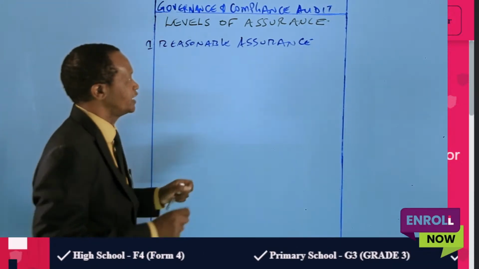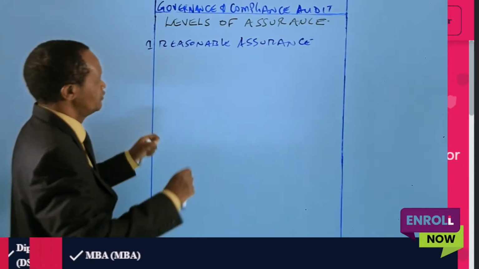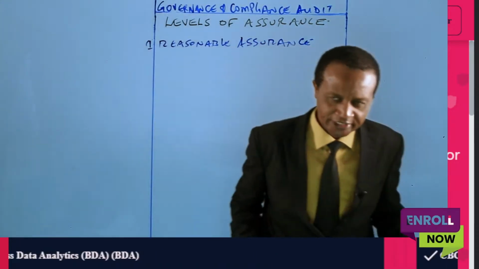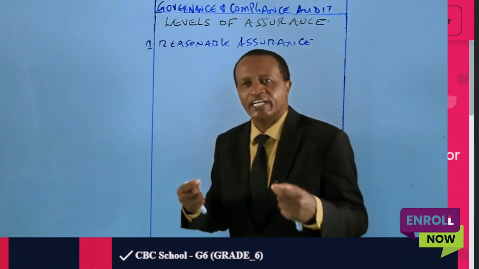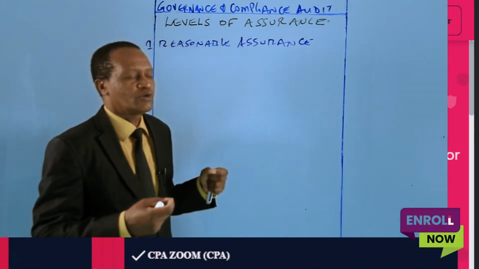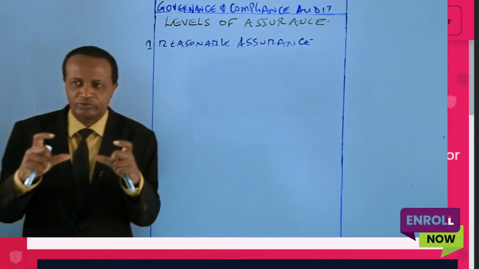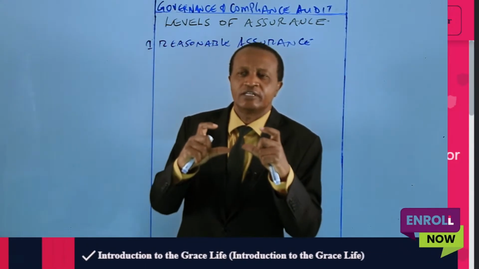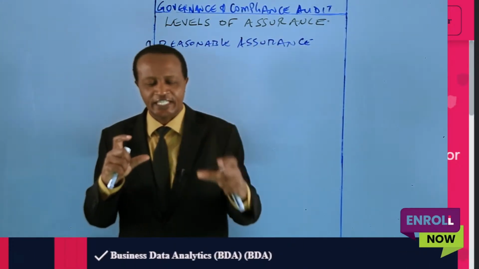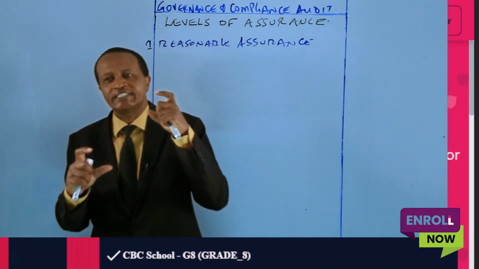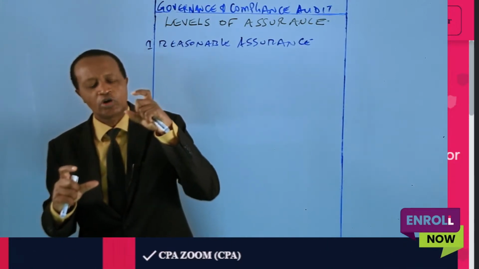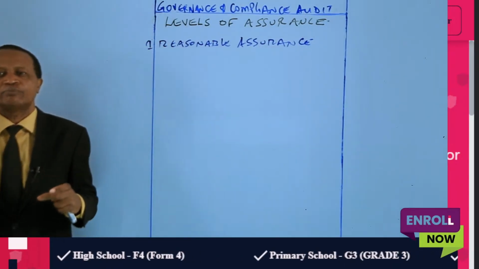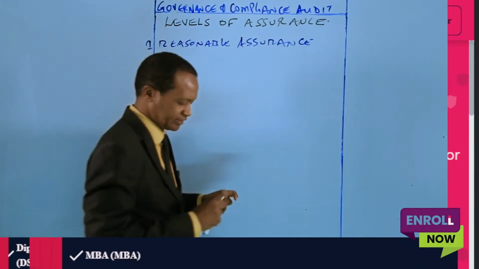For the auditor to provide a reasonable assurance, a high level assurance, the auditor has to carry out substantive procedures. And the final report provides a positive opinion that in the auditor's judgment, the organization's controls or compliance activities are effective and free from material non-compliance.